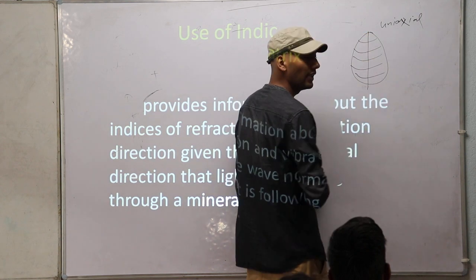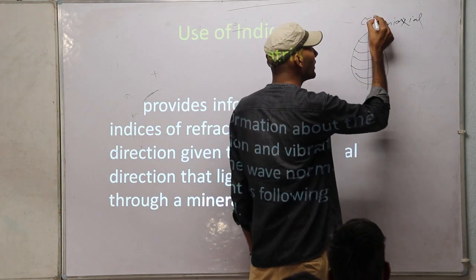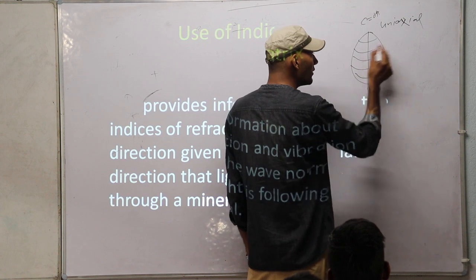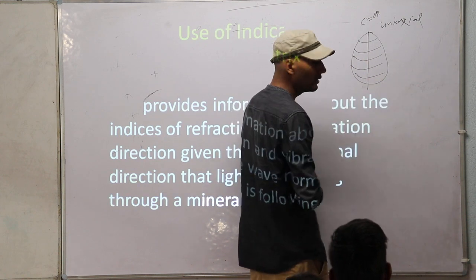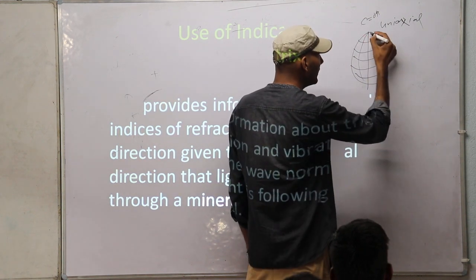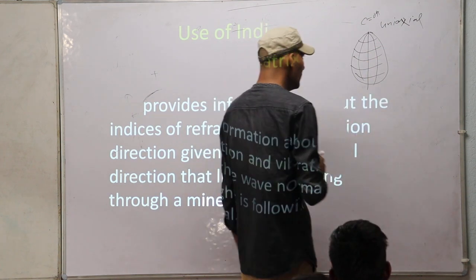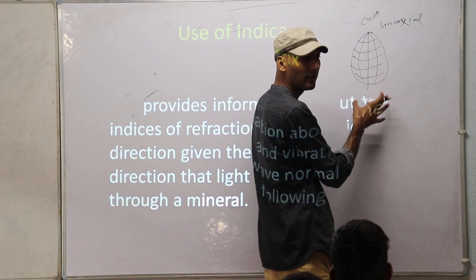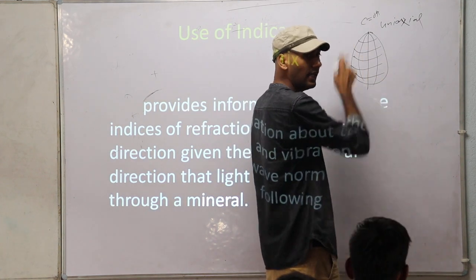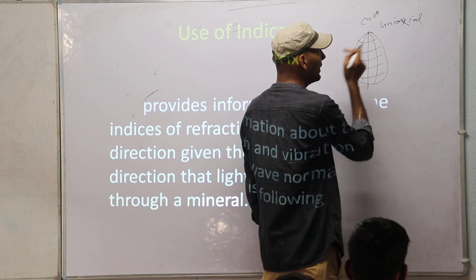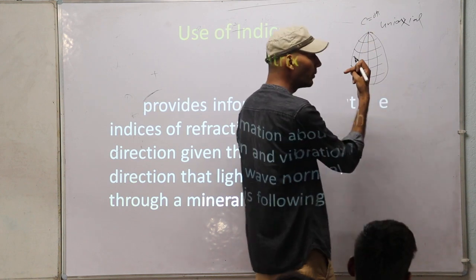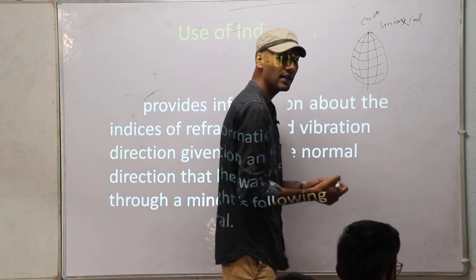This is my C or optic axis. So these are the circular sections, and these are the elliptical sections. Two of them are principal. One is AC, this is BC and this is AC.